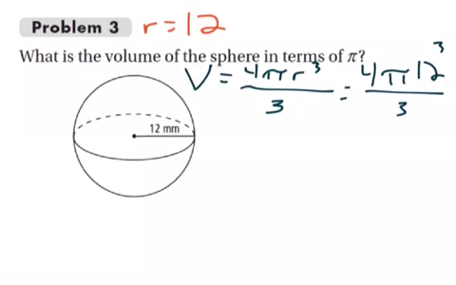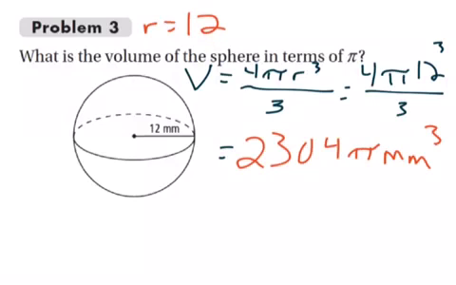I have 12 to the 3rd power is 1728 times 4, and then divided by 3, and my answer is 2304 pi cubic millimeters. And that's it. It's just a formula.